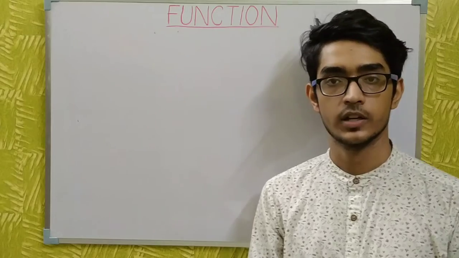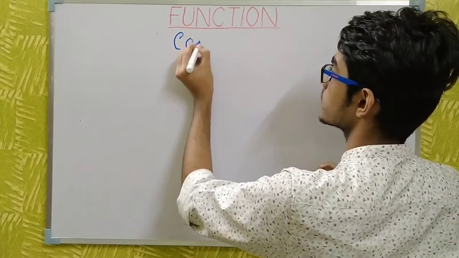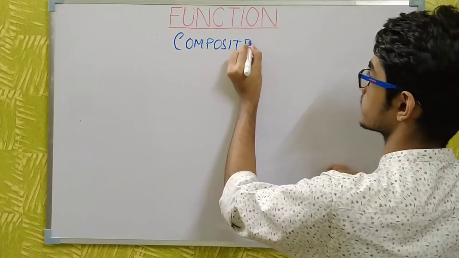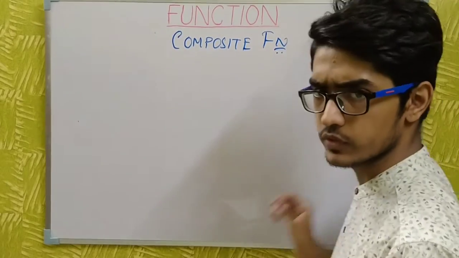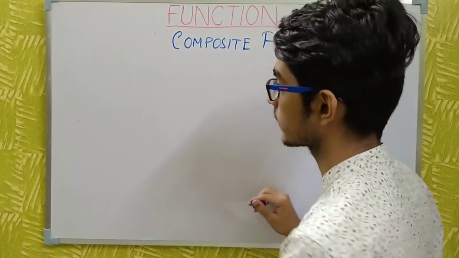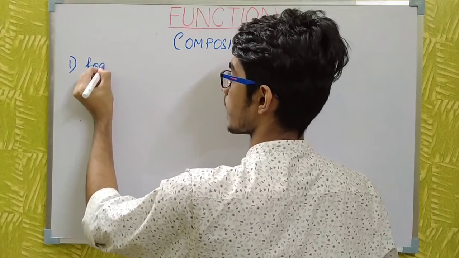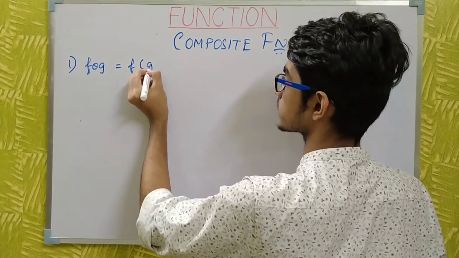Okay. Now let's move to composite functions. Now there are 4 kinds of composite function. First one is fog, or we can also write it as f of gx.